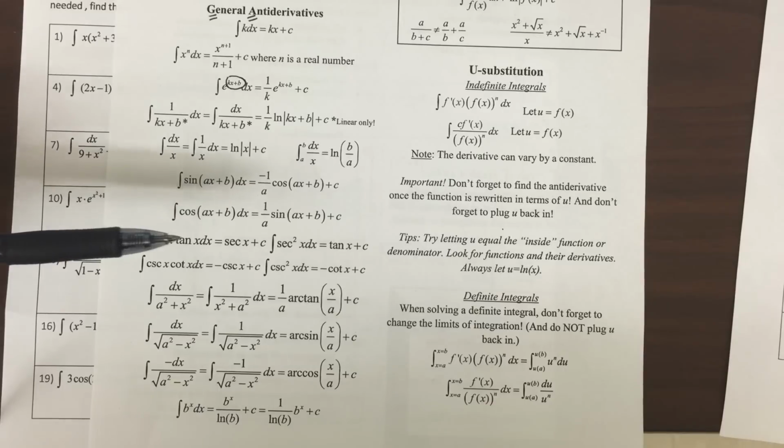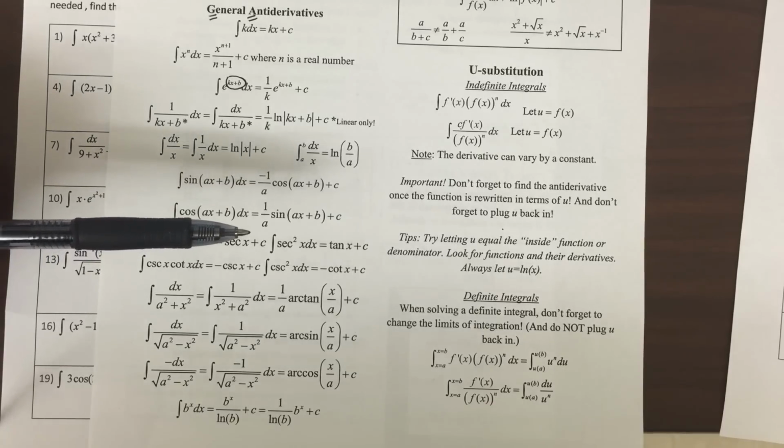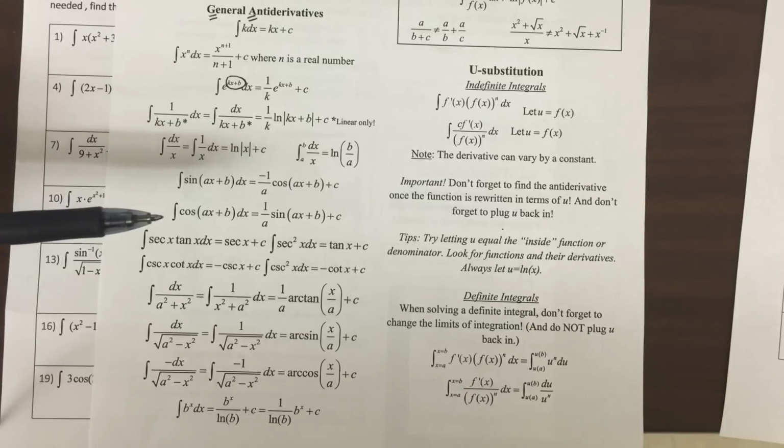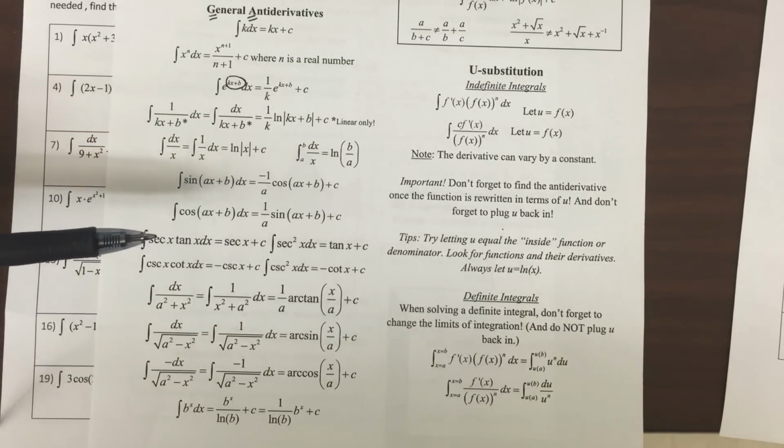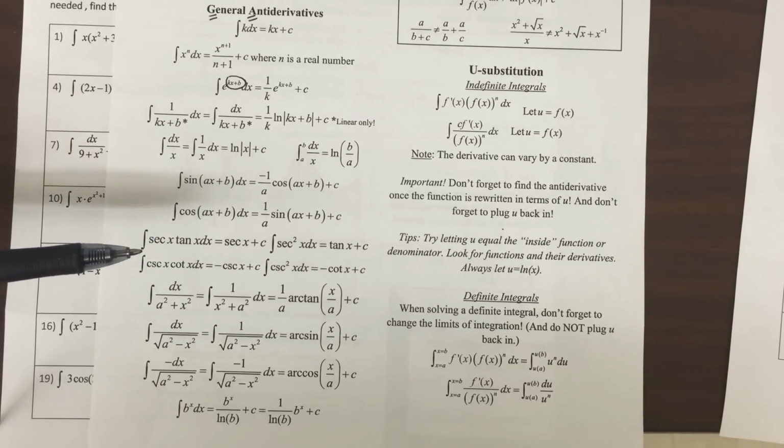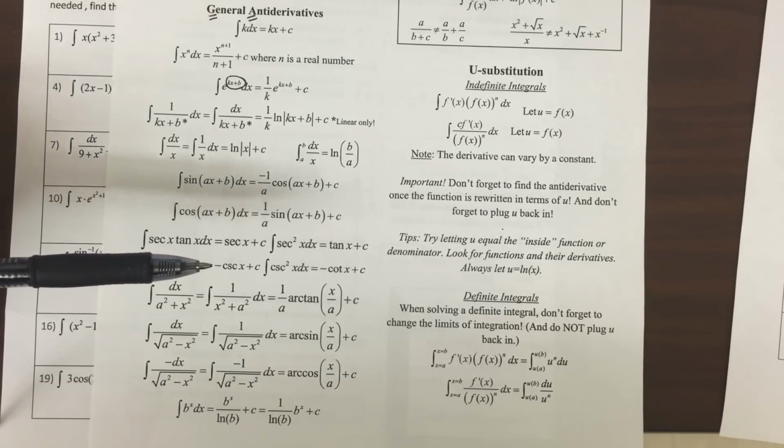Here is the antiderivative of secant of x times tangent of x. That equals secant of x plus c. We can prove this using u substitution if we need to. The antiderivative of cosecant of x times cotangent of x is equal to negative cosecant of x.